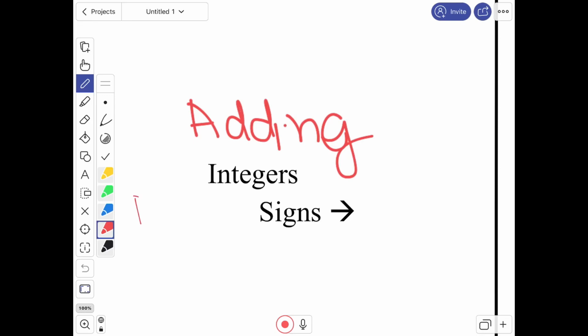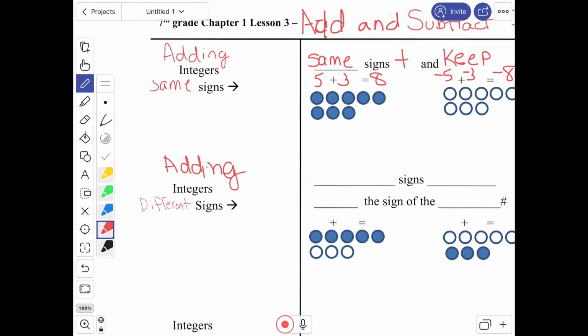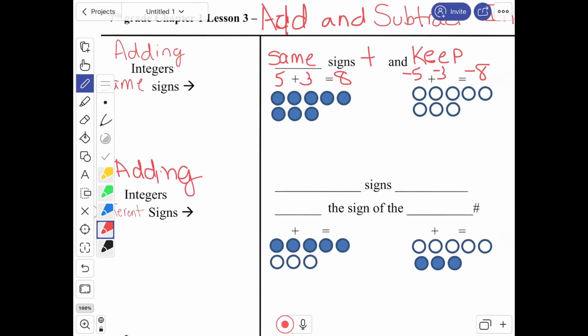Now if we're adding integers with different signs, the rule is different signs subtract, and keep the sign of the larger.